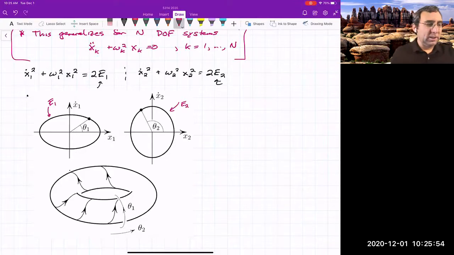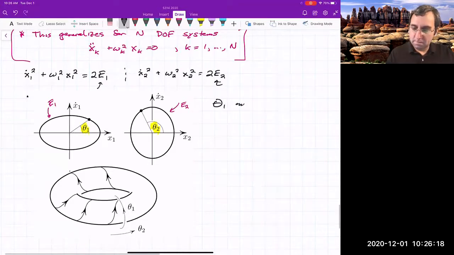And we can use these phase angles, because if you're on a particular energy, all that really matters is the phase in the oscillation. So we're using theta1 and theta2 to represent the phase of the oscillation in each mode.